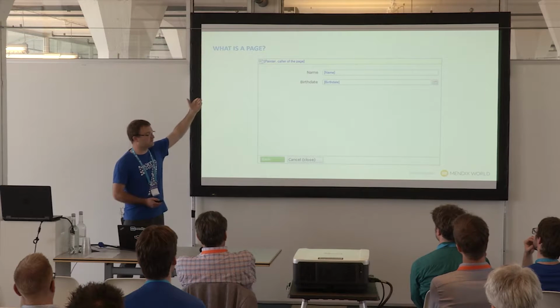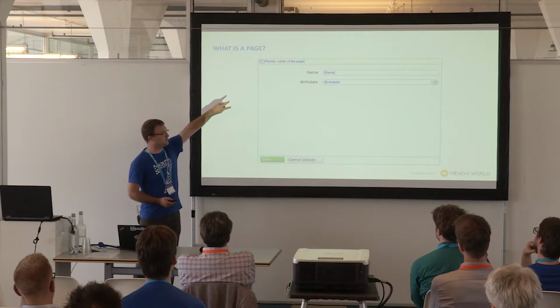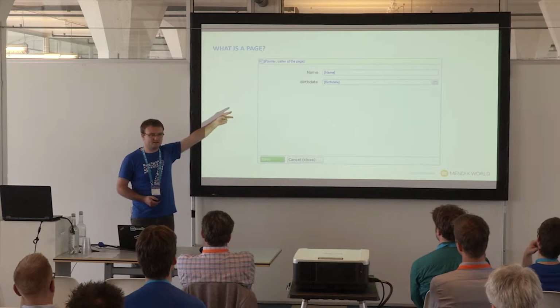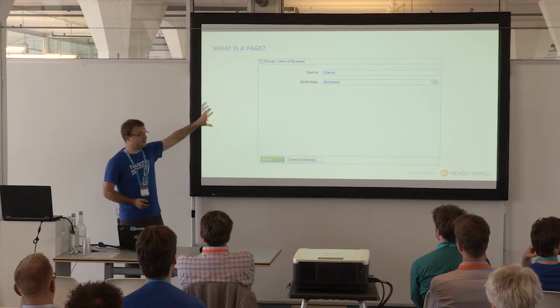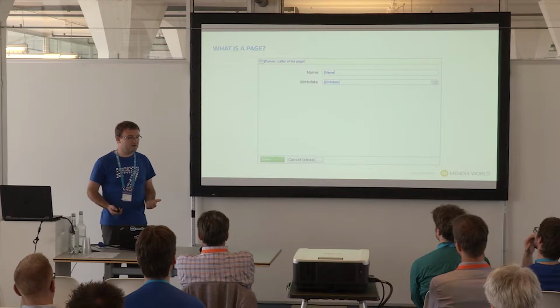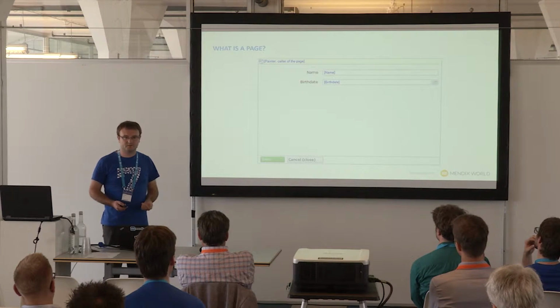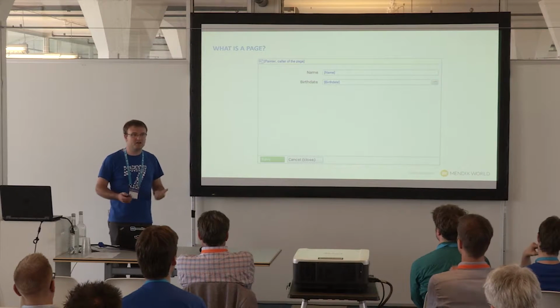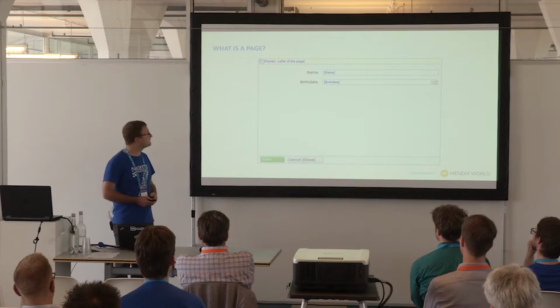If I change something on this page, for instance, I change the order of these two widgets, then I change the model which is underneath. If I select the name and I change properties in the property grid on the right, I'm also changing the model. So the whole page editor is just a visual way for you to easily change the model.